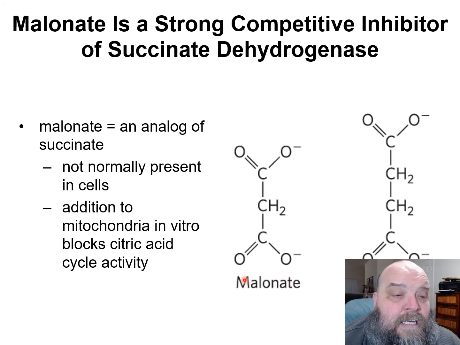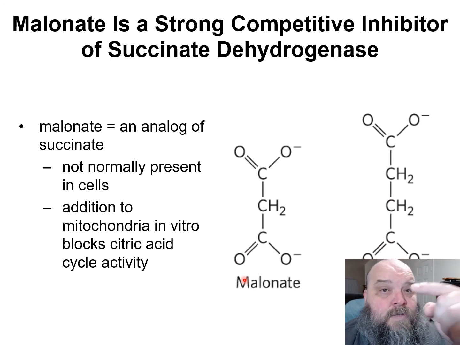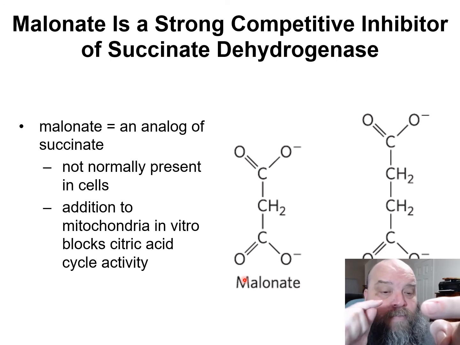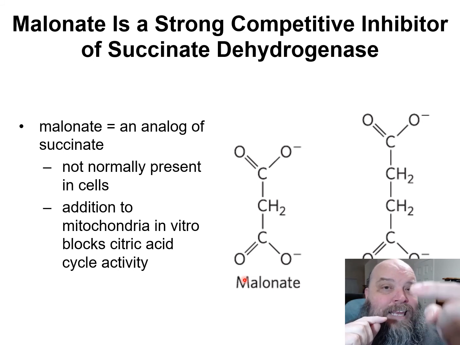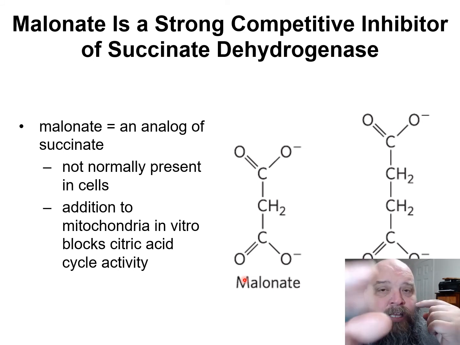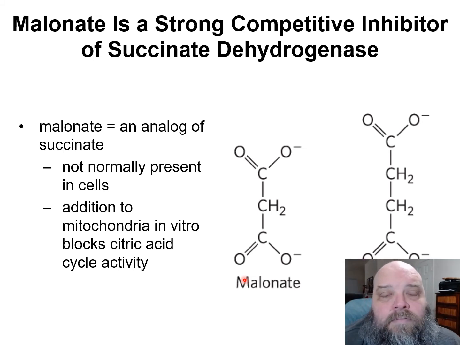If it's in and just kind of interacting, succinate can get in. So we refer to this as a competitive inhibitor. As long as malonate is in there, succinate can't get in. Malonate gets kicked out, succinate goes in, dehydrogenase takes off. You'll get what is needed.